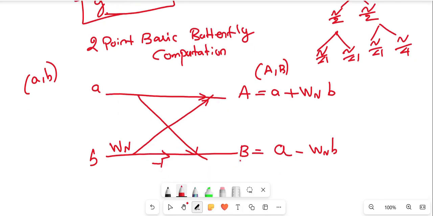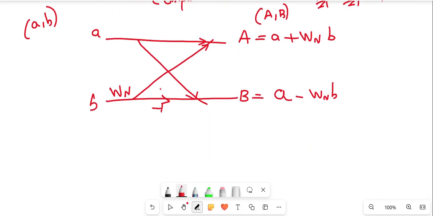In general, each butterfly involves one complex multiplication and two complex additions.